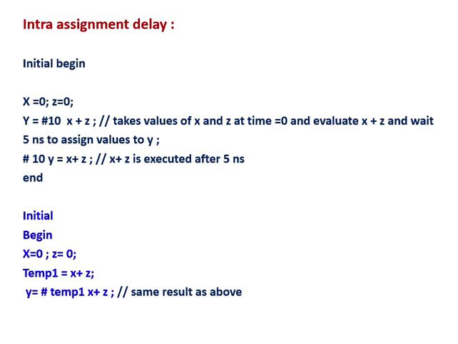So the value of x plus z on the right hand side is updated. The x and z get their values at 0 nanosecond only, but it will be assigned to y only after 10 nanosecond or 10 time steps. It takes the values of x and z at time equal to 0, but the evaluation of x plus z will be done after 10 nanosecond.